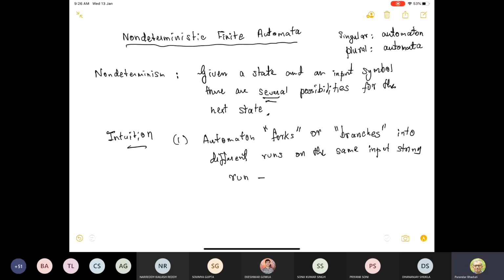The word run means the sequence of states visited by the machine in processing the input string.